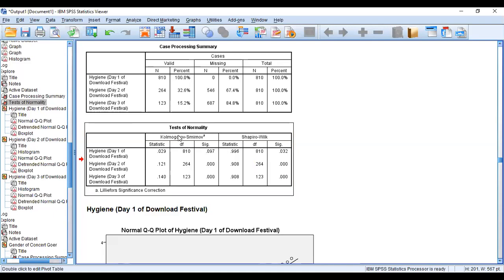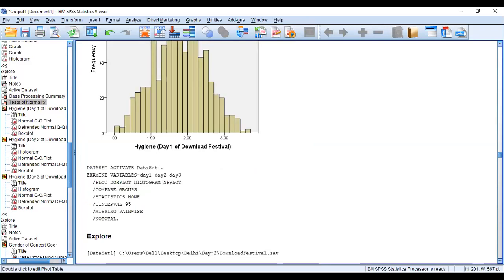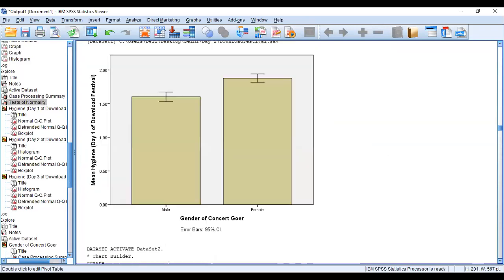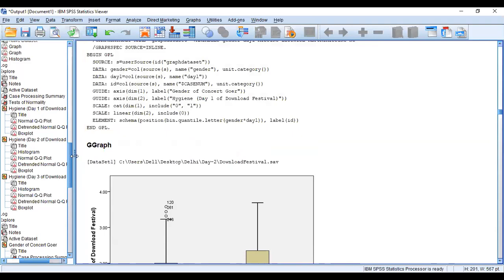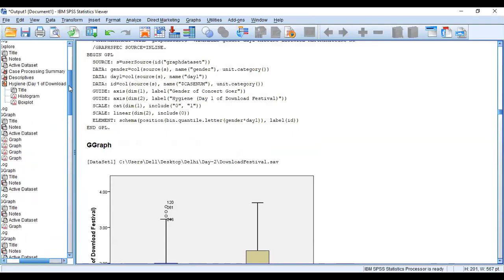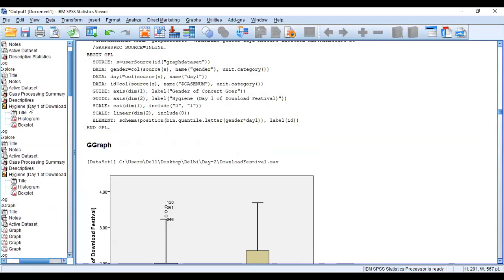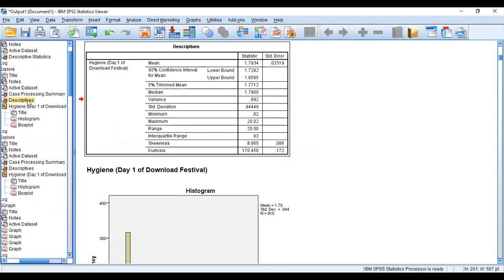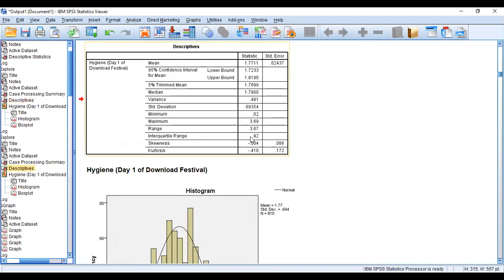Okay, so this is my method. And third, I told you the value of skewness and kurtosis. Through the value of skewness and kurtosis we can understand, you can see here, the value of skewness and kurtosis is between -1 and +1.